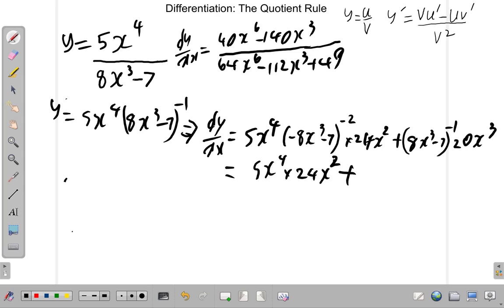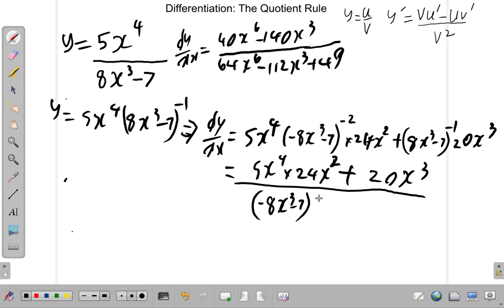Plus 20x cubed, and that will be all over negative 8x cubed minus 7, and that is squared. No, the negative is outside. The negative here is outside the bracket, not inside the bracket.